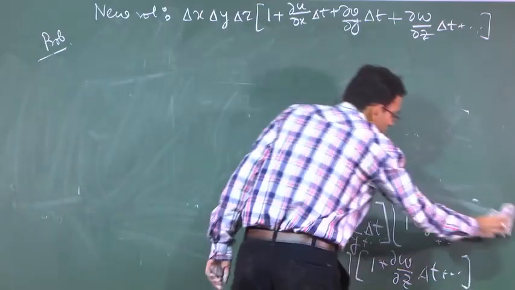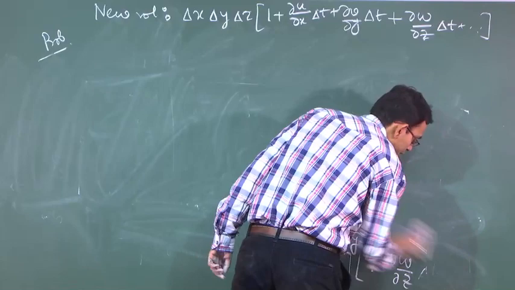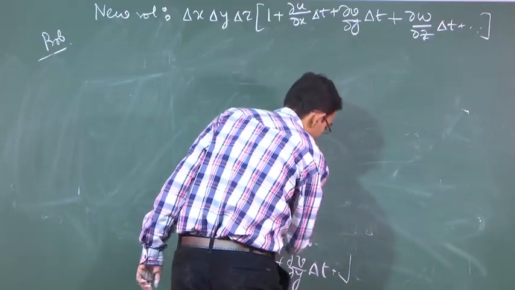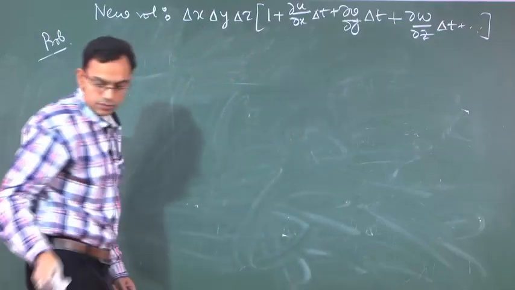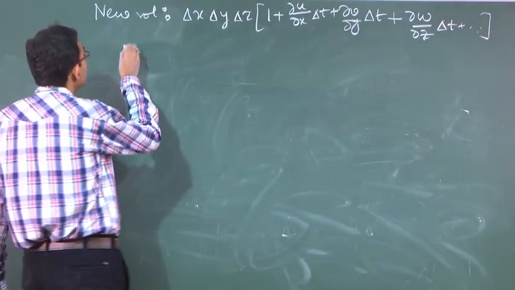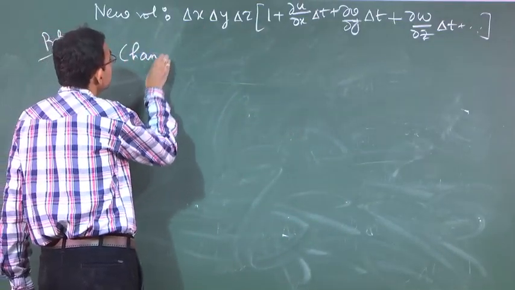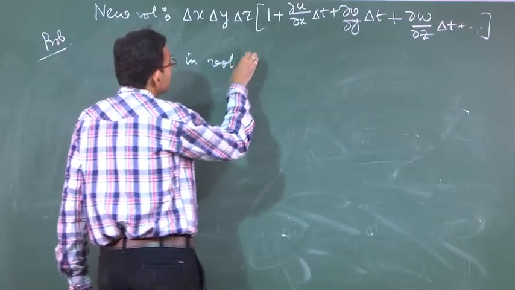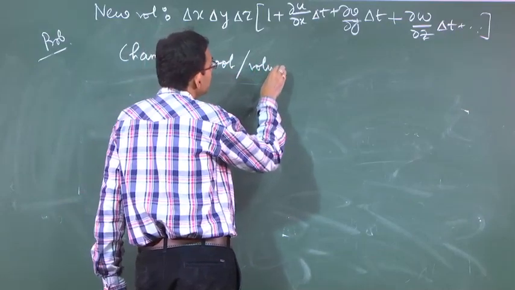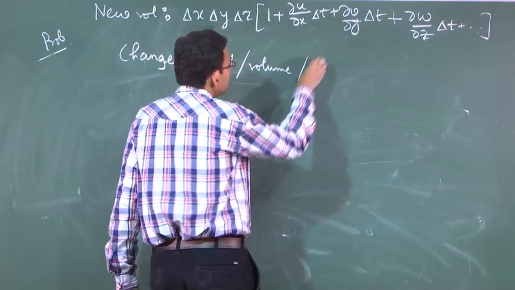the change in volume per unit time, that is the volumetric strain rate. Change in volume per unit volume per unit time.